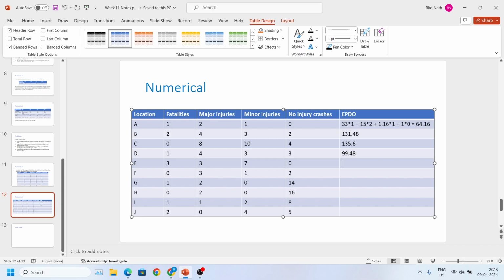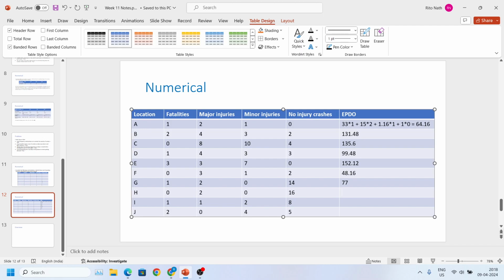Next one is 33 times 3 plus 15 times 3. Then you have 7 times 1.16 and 1 times 0. So this is 152.92. For the next one, first term is 0, then you have 15 times 3 plus 1.16 times 1 plus 2. This is 48.16. Next one is 33 times 1 plus 15 times 2 plus 1.16 times 0 plus 14. So this comes out to be 77.